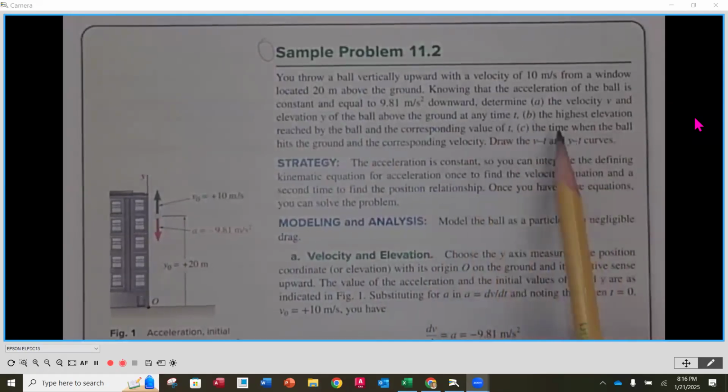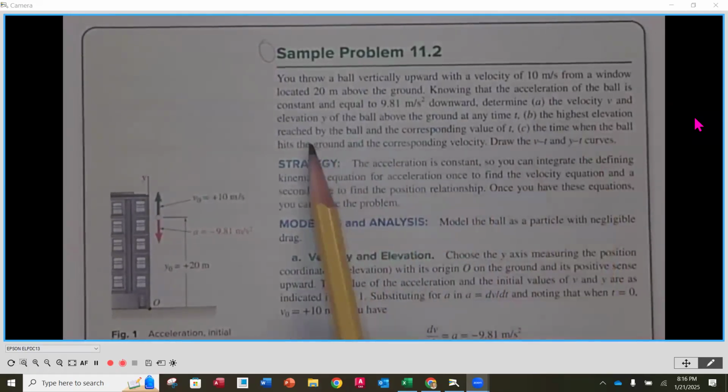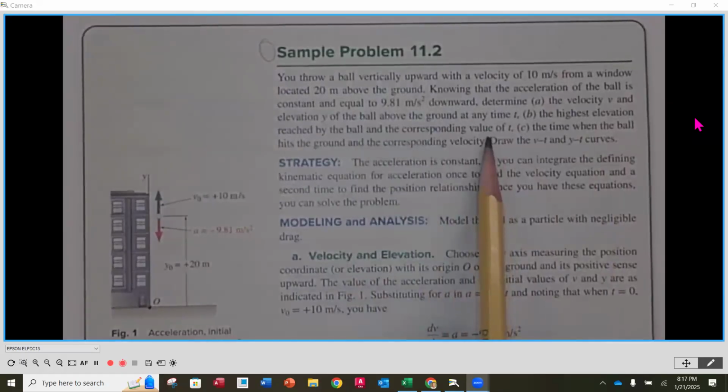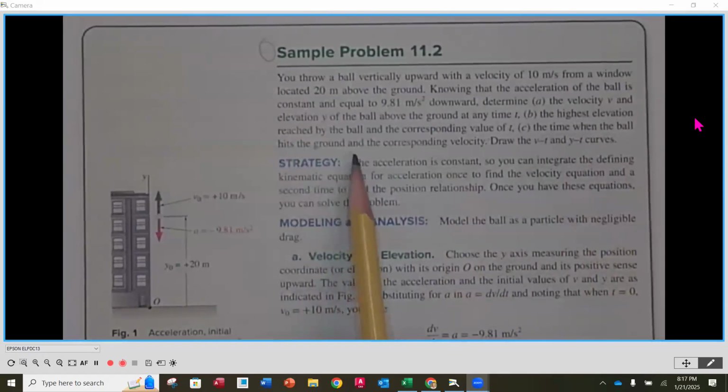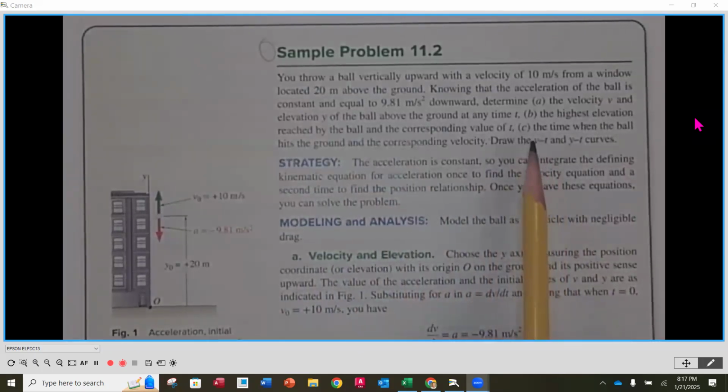Also, the highest elevation reached by the ball and the corresponding value of the time, and the time when the ball hits the ground and the corresponding velocity. And they want us to draw the velocity-time and the position or distance-time curves.